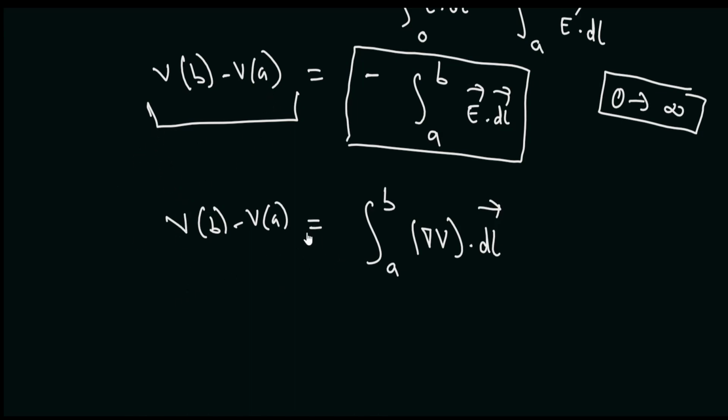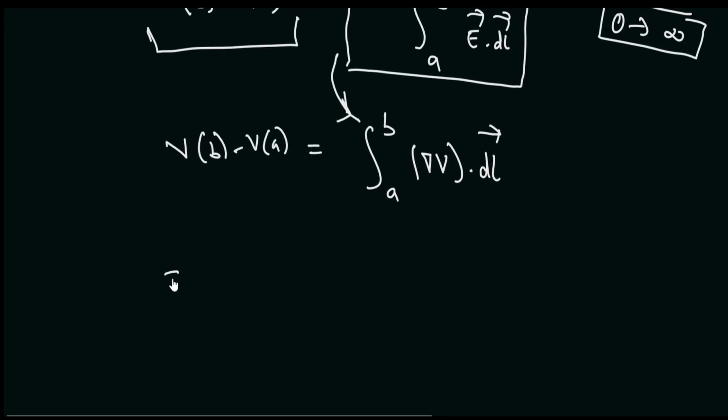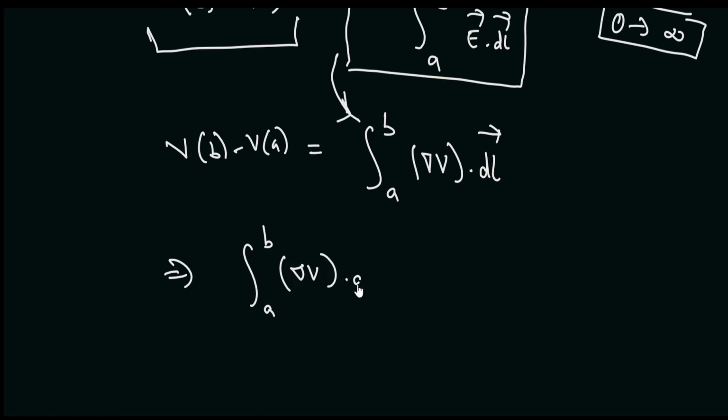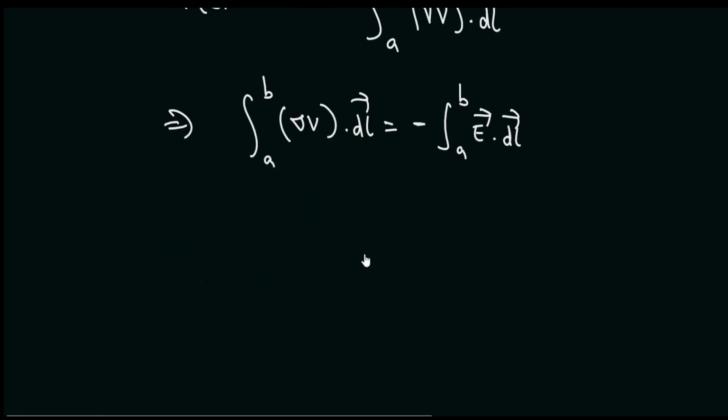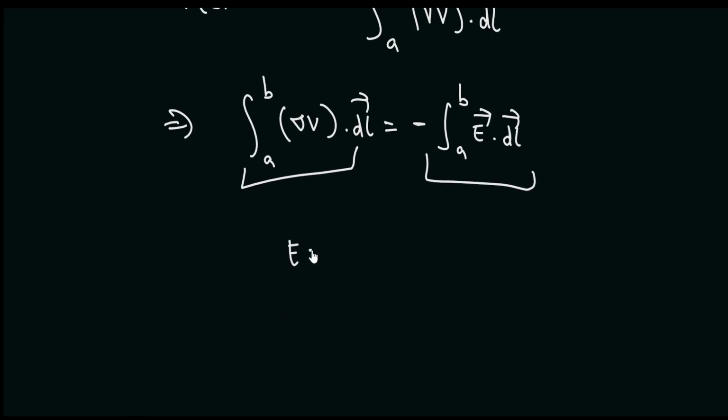We see that the left hand side of the two equations is the same, so we can equate them. Therefore, the integral from A to B of the gradient of the potential dot dl is equal to the negative integral from A to B of E dot dl. These two integrals are equal, so their integrands must also be equal. So we can say that the electric field is equal to the negative gradient of the potential.